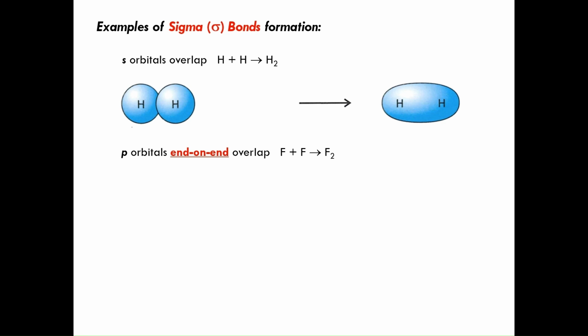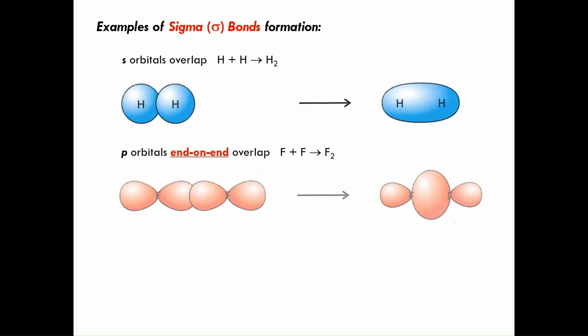The next example is of two p orbitals overlapping end-to-end to create the fluorine molecule. These two dumbbell-shaped orbitals must overlap end-to-end to create a sigma bond. Now, I must ensure that you take note of the fact that these p orbitals can only overlap end-to-end to create a sigma bond.